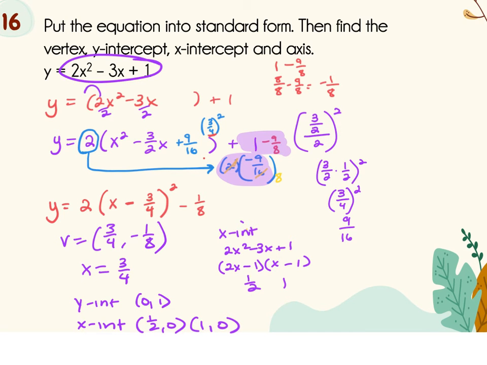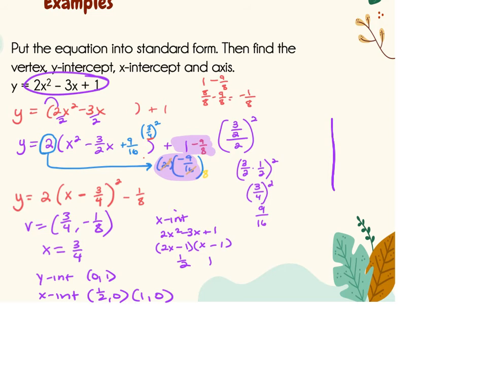And then you graph it using that information. So 3/4, negative 1/8 is here. 1/2 and 1 is here. And 0, 1 is there.